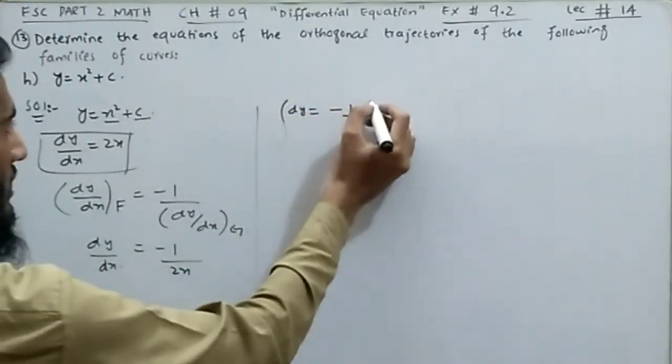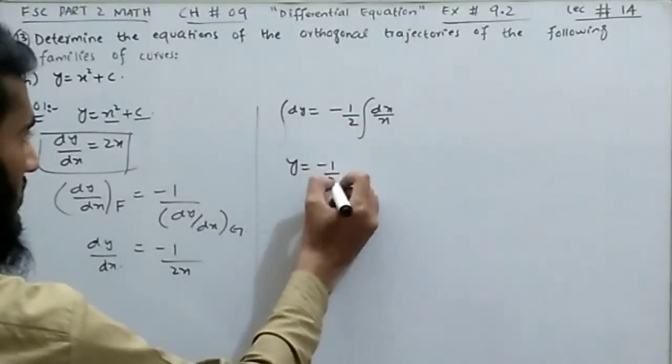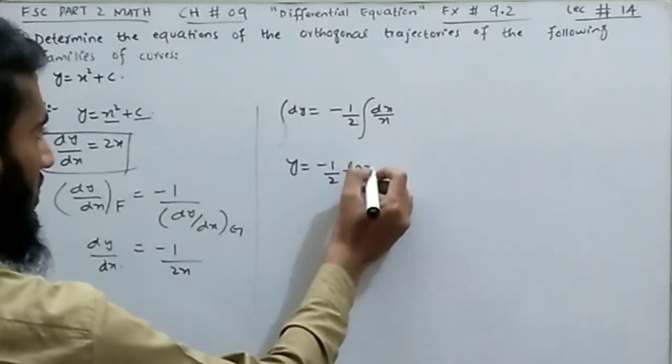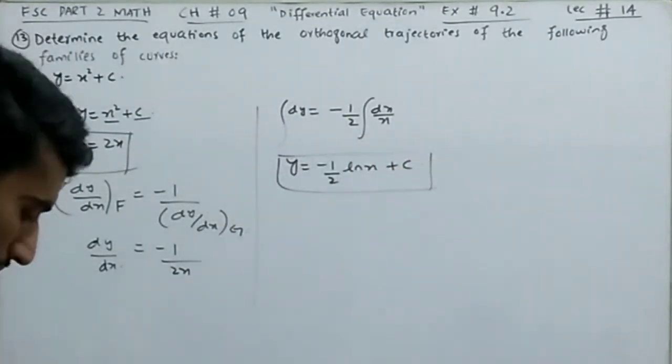Taking the indefinite integral on both sides, the integral of dy is y, minus 1 over 2 is a constant, the integration of 1 over x is ln x, plus the constant of integration. This is the required equation.